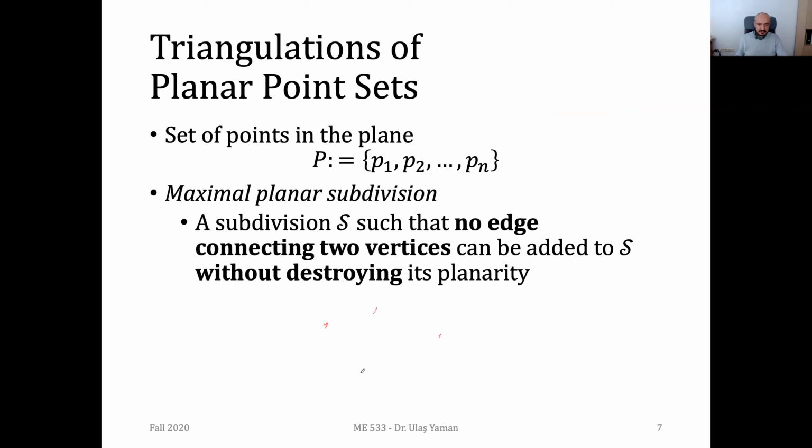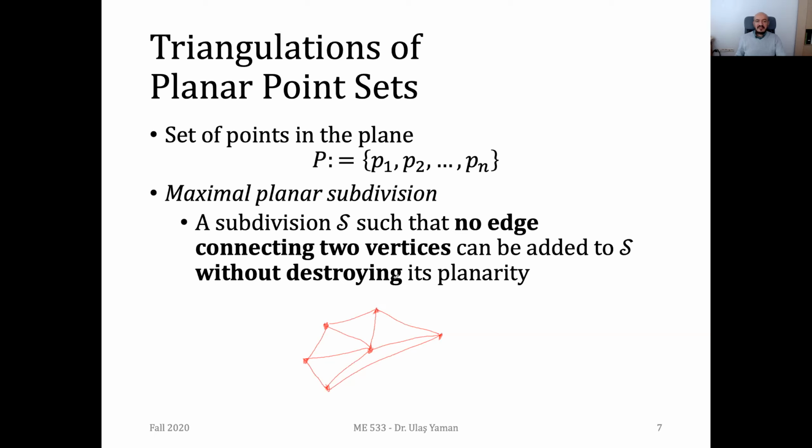Now let me illustrate it. Assume that these are the sides. That is a triangle here, another one here. Assume that this is a triangulation for the given set of points.